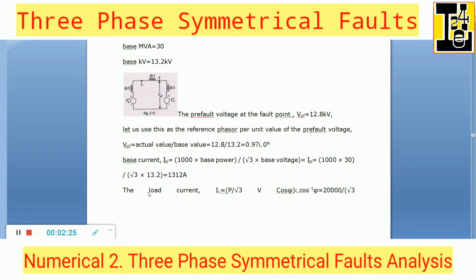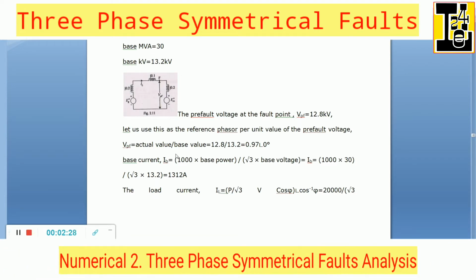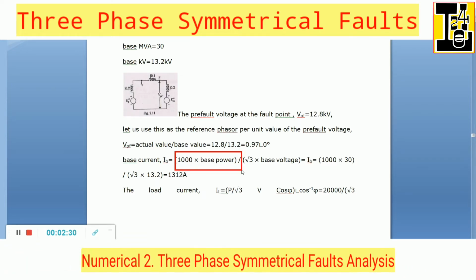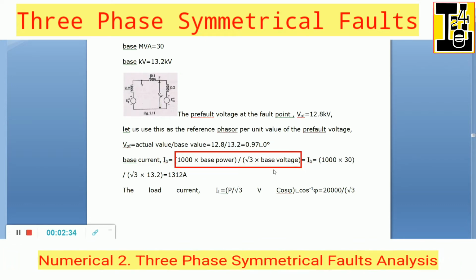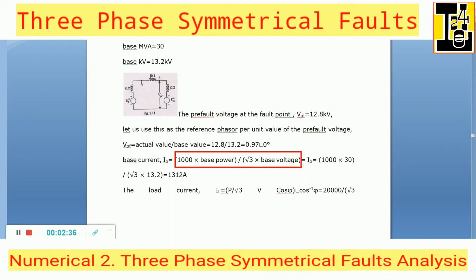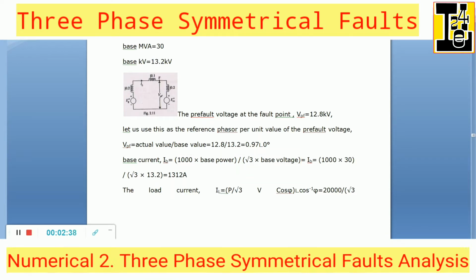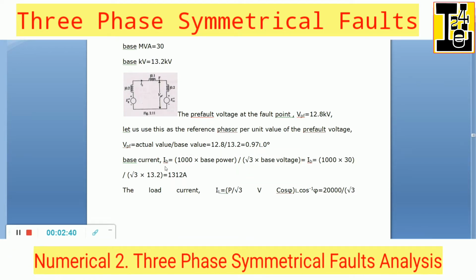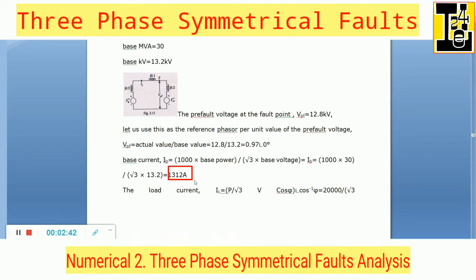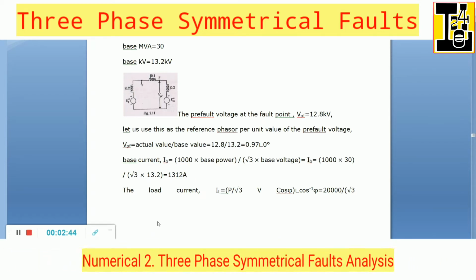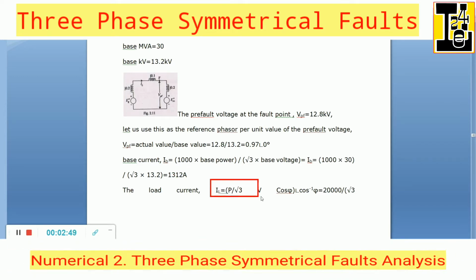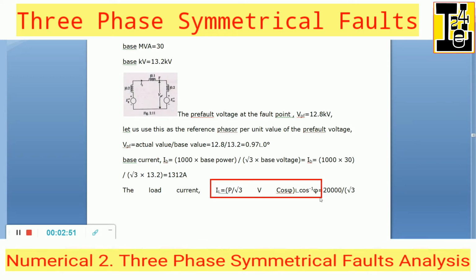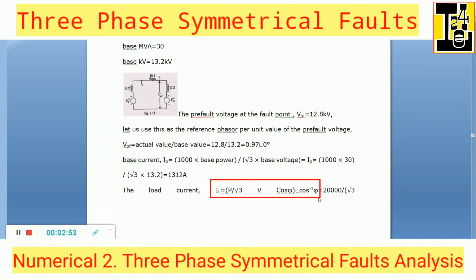The base current IB is equal to 1000 times MVA base divided by root 3 times kV base. So IB is equal to 1000 times 30 divided by root 3 times 13.2, it is 1312 ampere. The load current IL is equal to total power divided by root 3 V cos phi at an angle of cos inverse of phi.